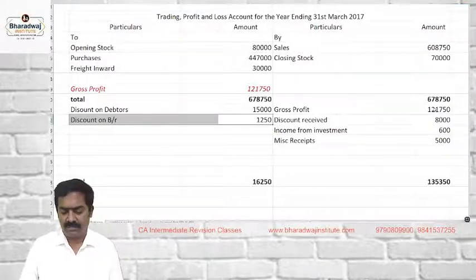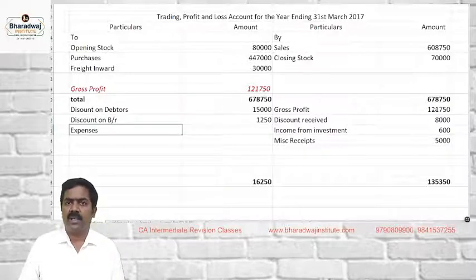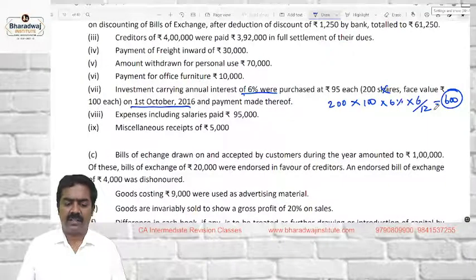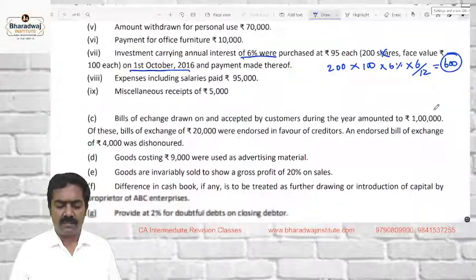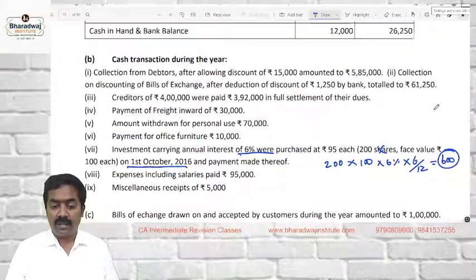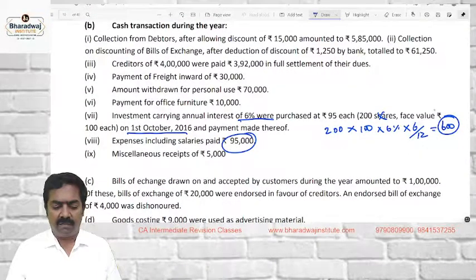Then expenses include what? Salary also. Is there any outstanding salary given? Yes. 95,000 is given. What is outstanding salary?